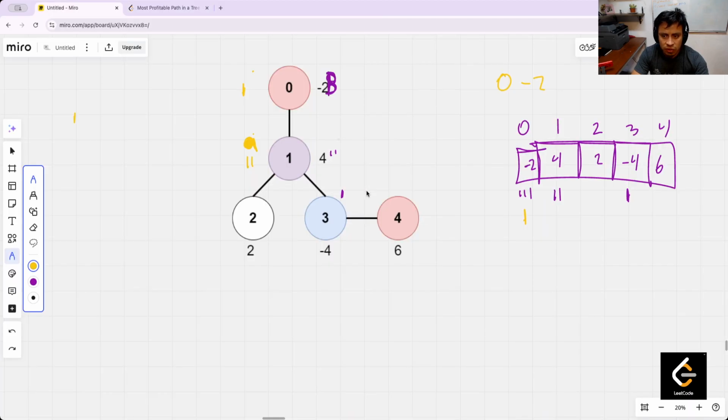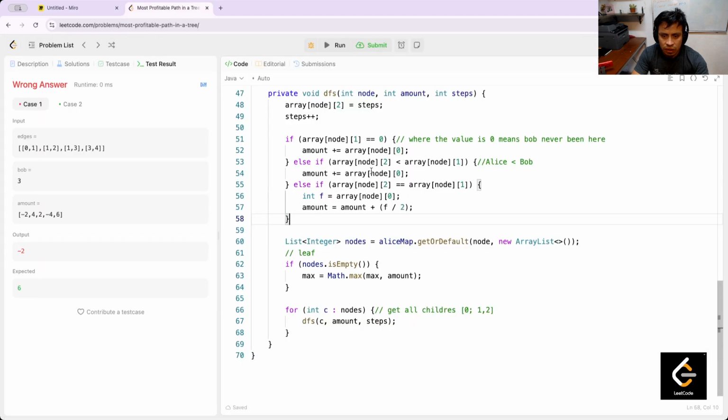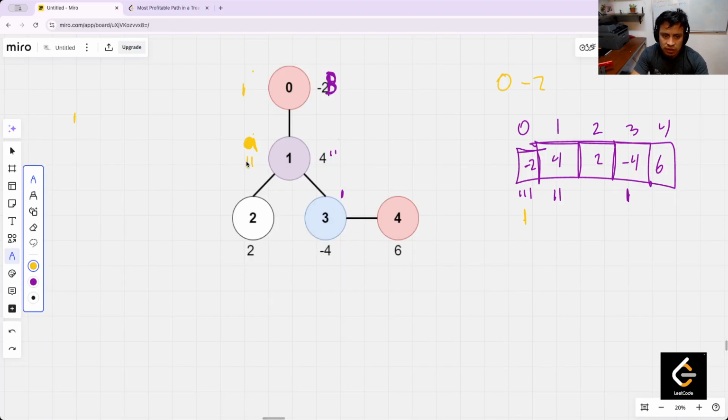No. Alice is less than Bob? No, because they are equal. Yeah. In this case, I divide the amount. In this case, it's 4. Okay, it's plus 2. This is cancelled and we have 0 at this moment. Got it.